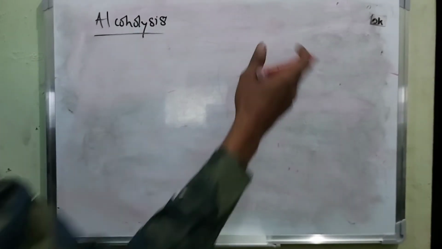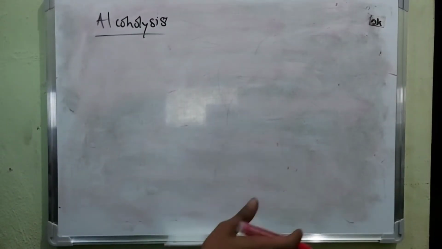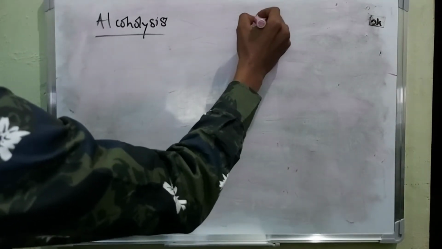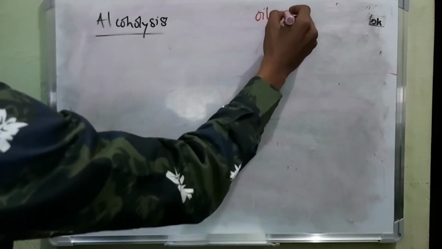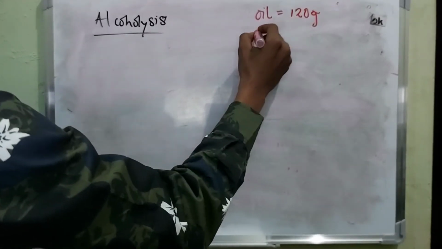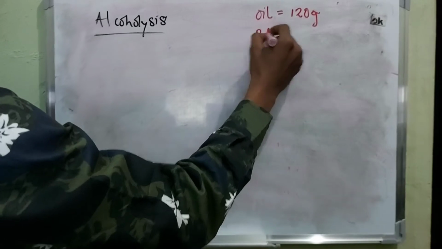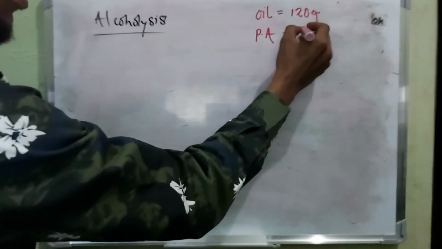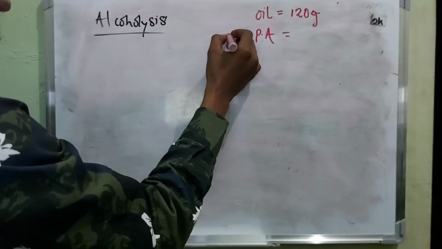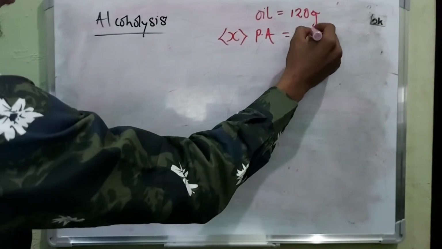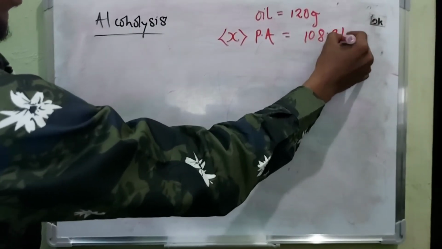So we have, for the 40% alkyd resin length, we have our oil to be 120 gram, right? We have our phthalic anhydride is 108.91. We've calculated that before, and that is our X value, if you remember. So we got it to be 108.91 gram.